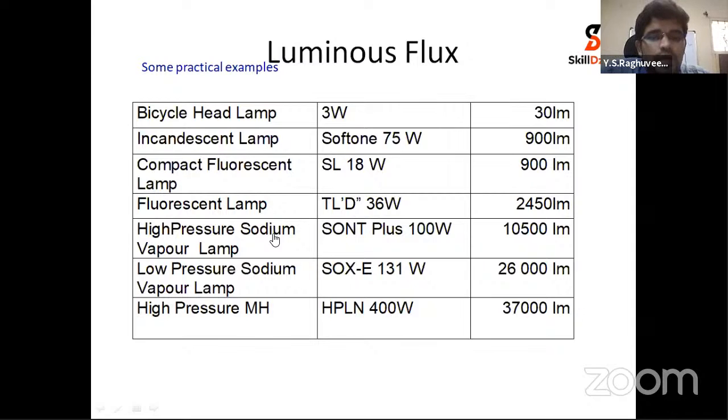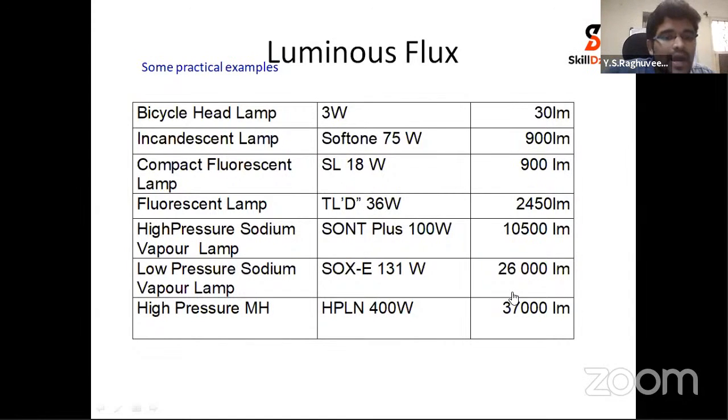High pressure sodium vapor lamps are used at very low heights, whereas low pressure sodium vapor lamps are used at more heights. The high pressure sodium vapor lamp starting wattage is 100 watts, which will have around 10,500 lumens. The low pressure sodium vapor lamp is around 131 watts, which will have around 26,000 lumens.